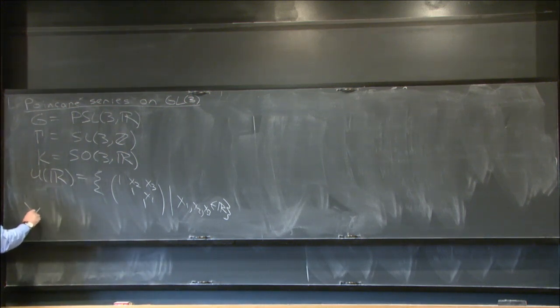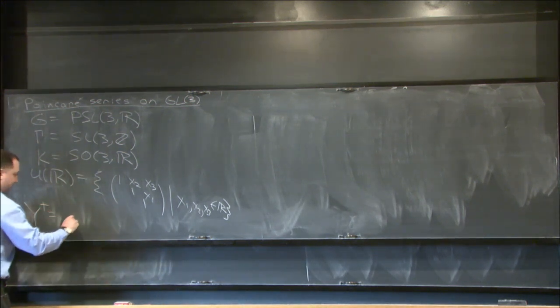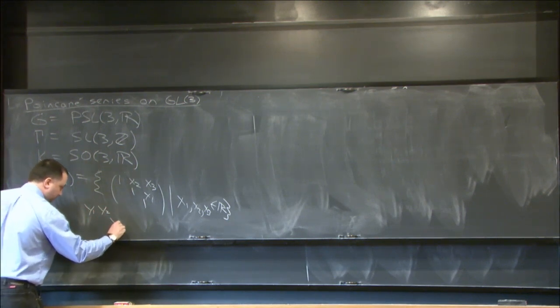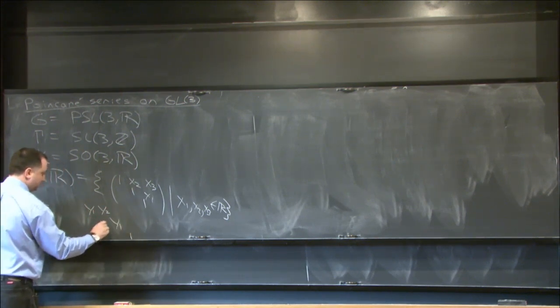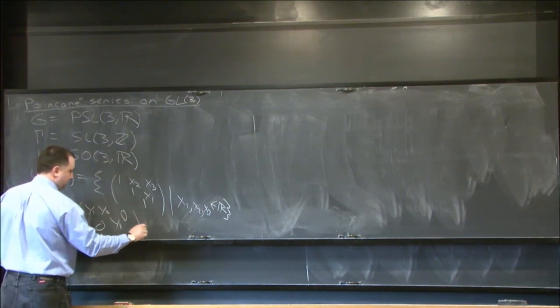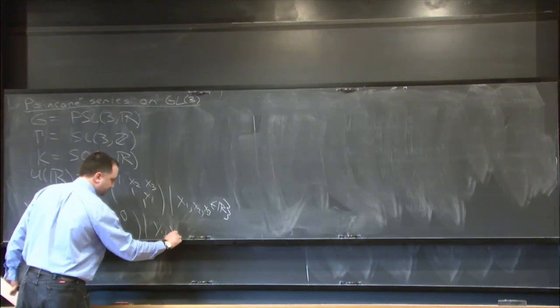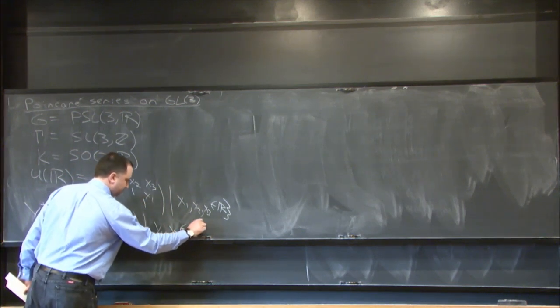So Y plus is the space of matrices of the form Y1, Y2, Y1, 1, where these are positive, Y1 and Y2 in R plus.